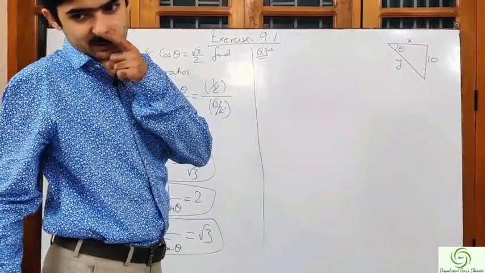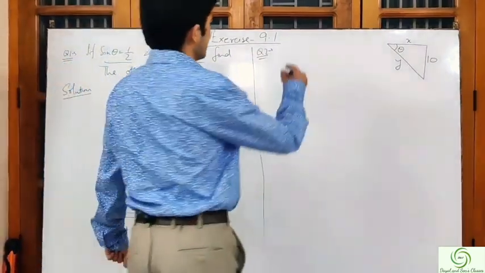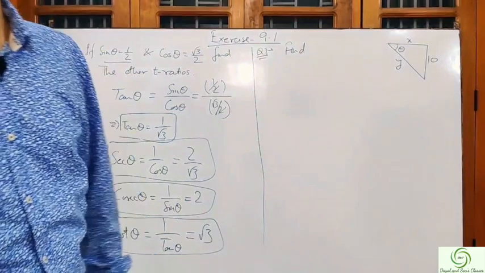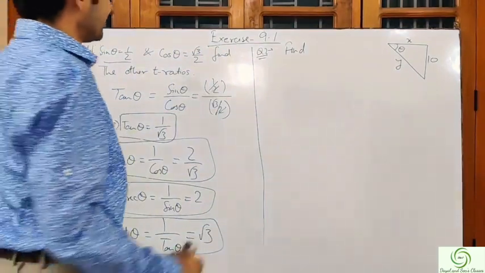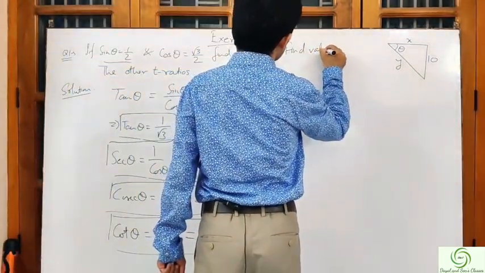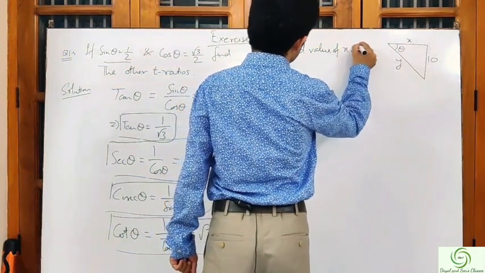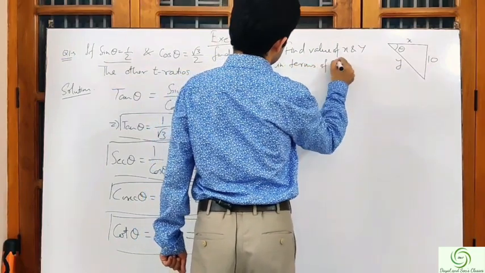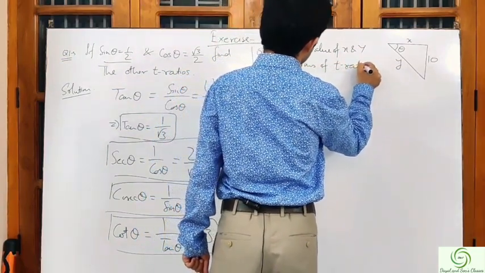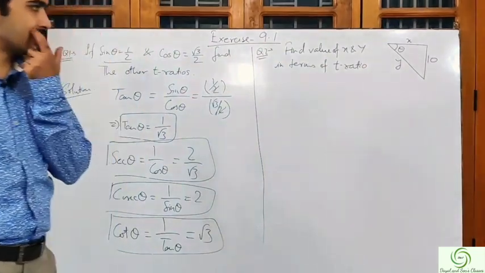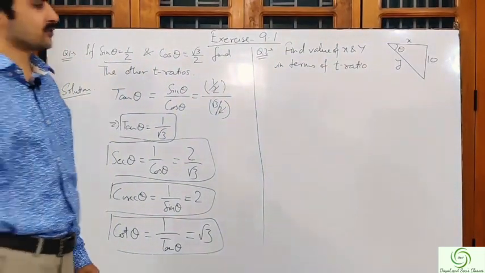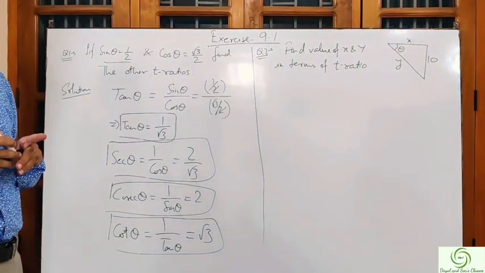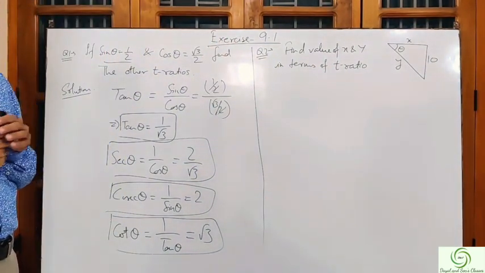What we need to do is, from this figure, find the value of x and y in terms of t ratios, meaning in terms of trigonometric ratios. We need to find the value of x and y in terms of t ratios.